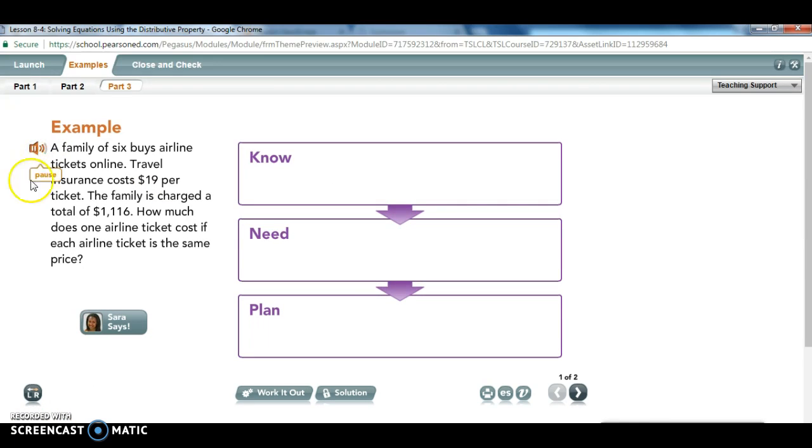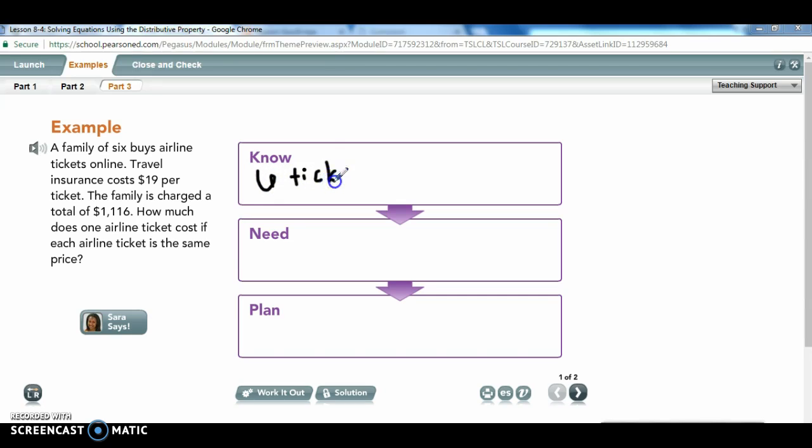A family of 6 buys airline tickets online. Travel insurance costs $19 per ticket. The family is charged a total of $1,116. How much does one airline ticket cost if each airline ticket is the same price? So what I know is that they have 6 tickets.